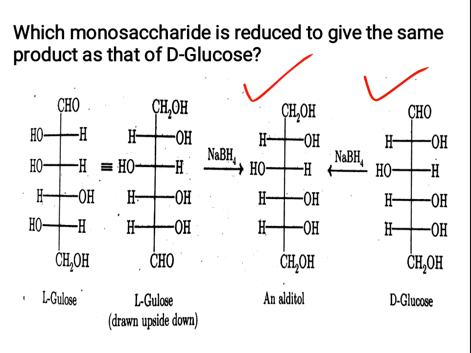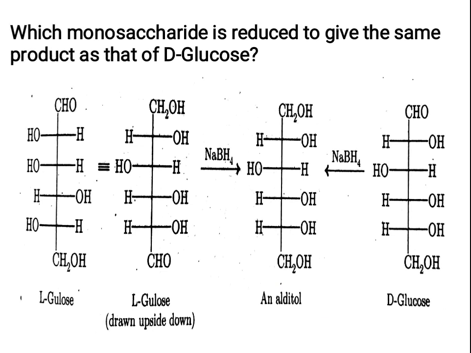You are asked which other monosaccharide will give the same alditol after being reduced, and the answer is L-glucose. If you take L-glucose and reduce it, you will get the same alditol. How to get to the answer, I will discuss it later.